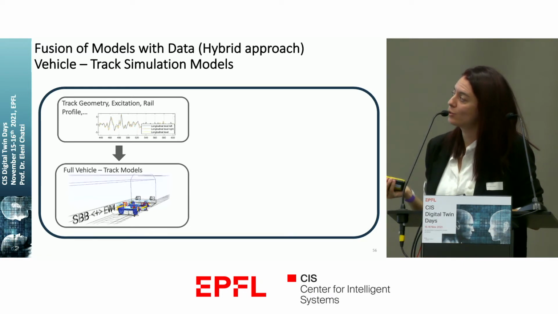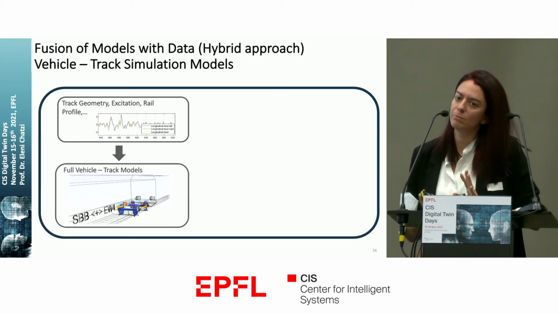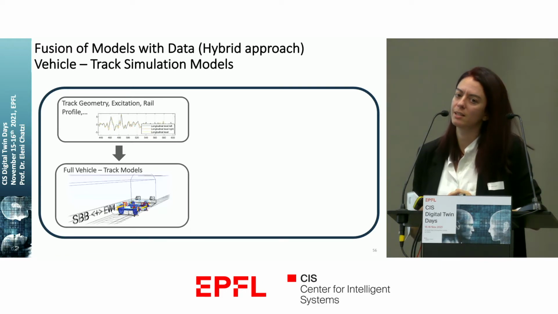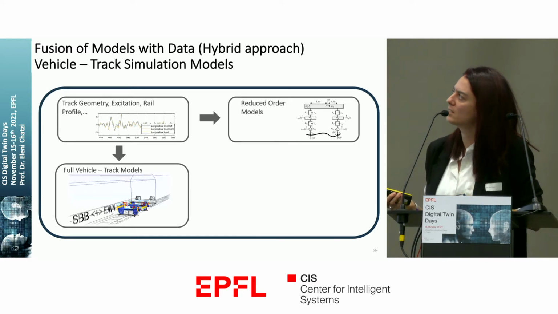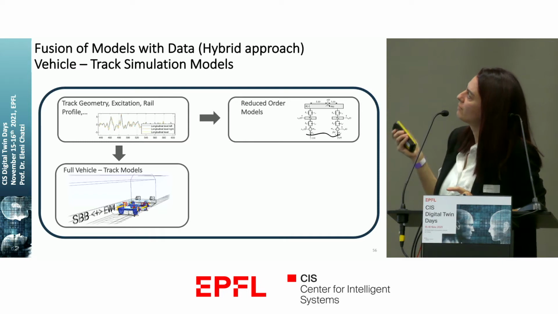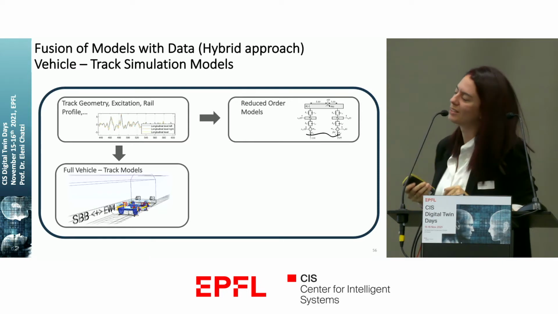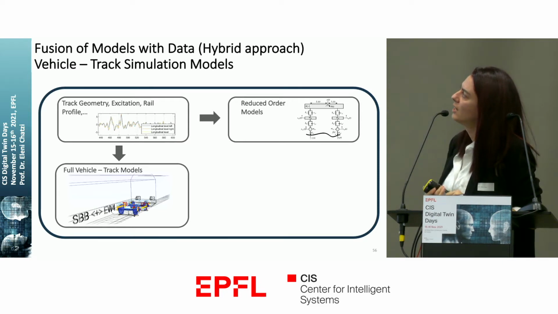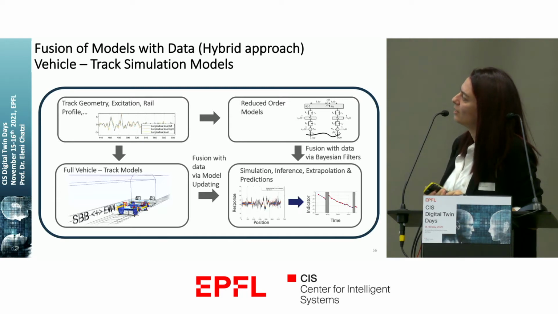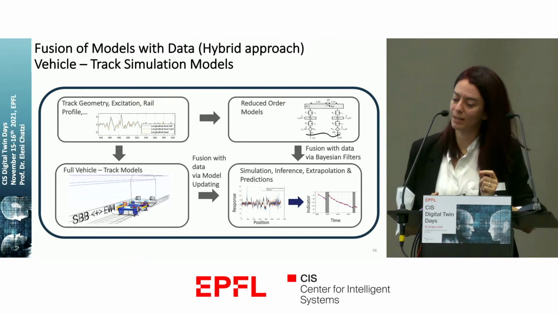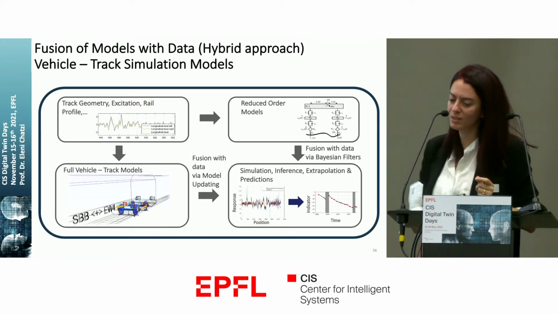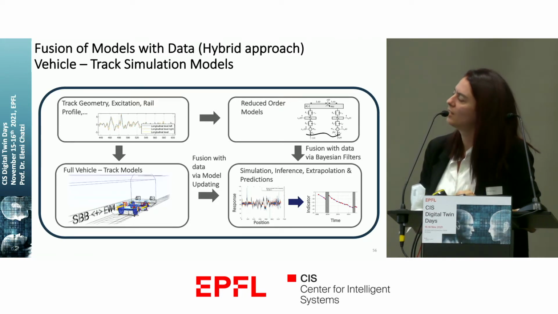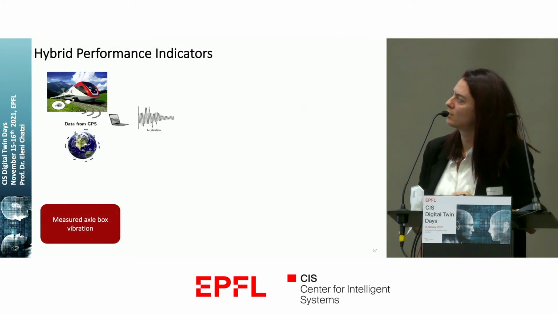We also have access to full, quite elaborate vehicle models, multi-body models that can be calibrated from measurements. But there, you can also have simplifying models, a reduced order type of model, as I explained before, that can be conditioned on the data and together can give you indicators of performance that can be used to direct decision support. So this is the part I want to close with, how to use this information for decision support.